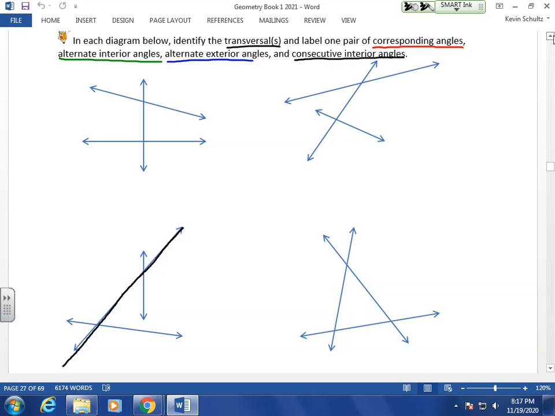Okay, so let's start with corresponding angles. I will label one angle, and we'll see if you can label its corresponding angle. Okay.